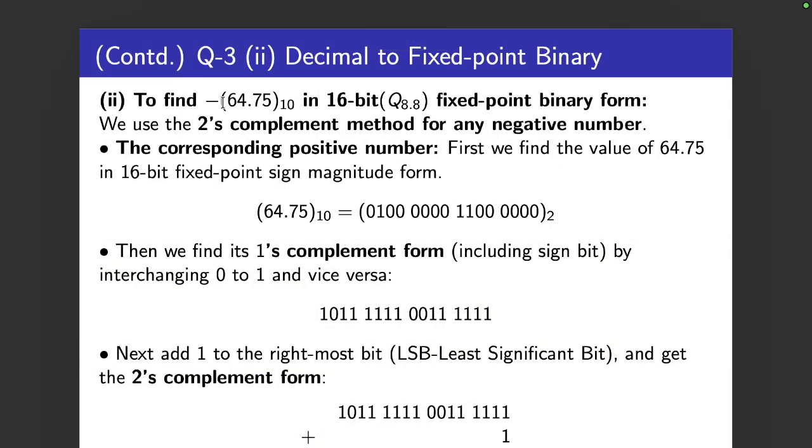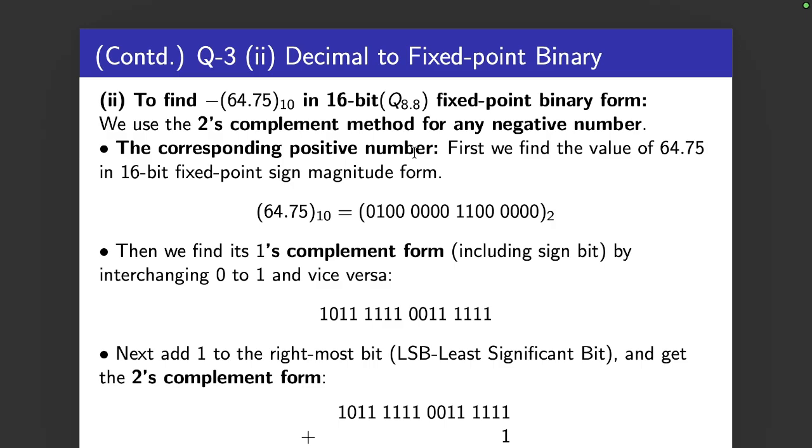Next, minus 64.75 in 16-bit fixed point binary form. We always use the 2's complement method for any negative number when we convert decimal to 16-bit Q8.8 fixed point binary, because there are many advantages to the 2's complement method.